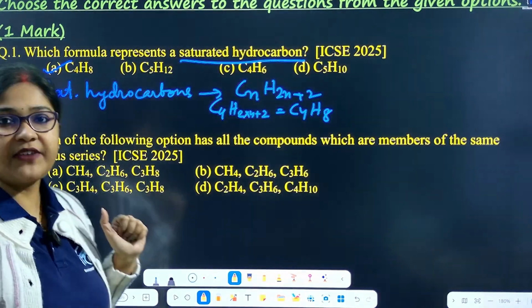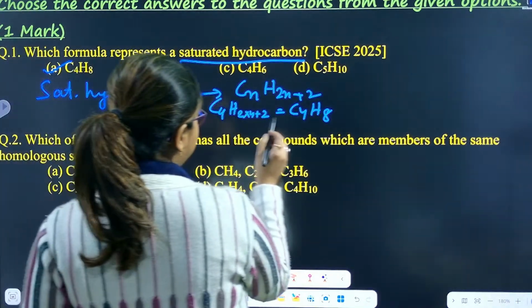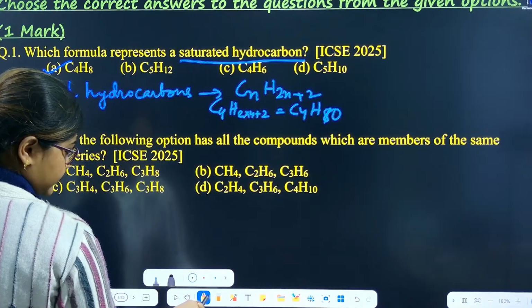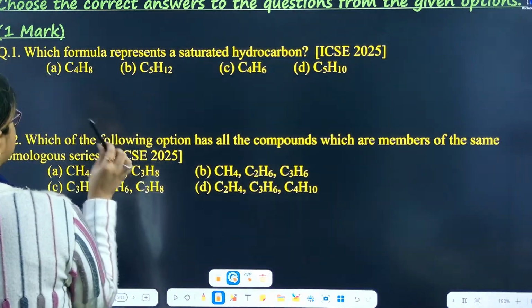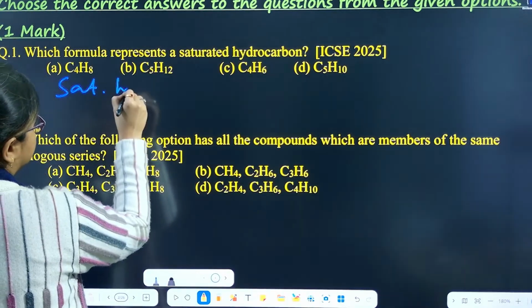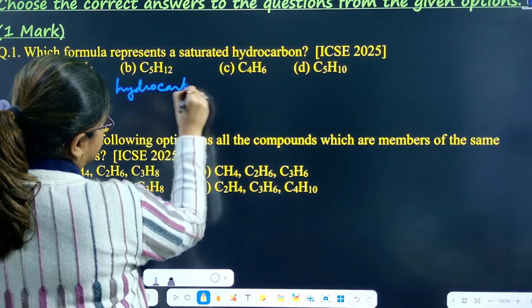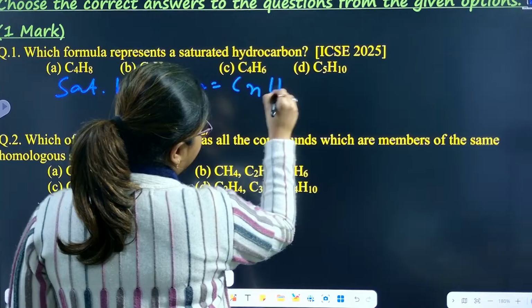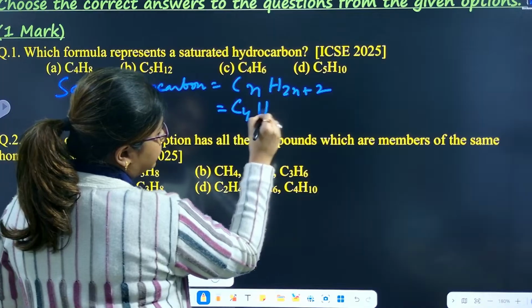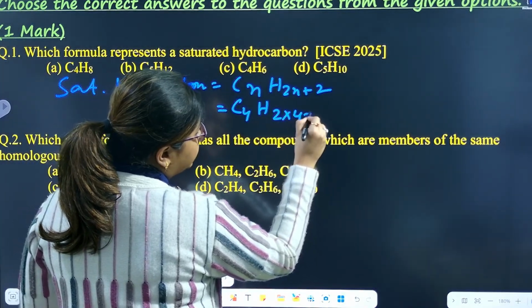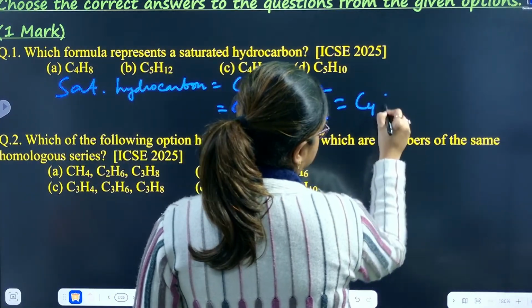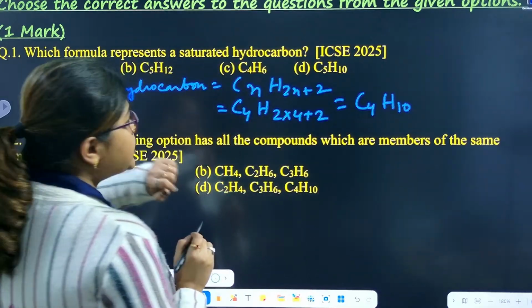Sorry, let me recheck. It is CnH2n plus 2. So for the first formula, if n is 4, then it will be 2 into 4 plus 2, that is C4H10.